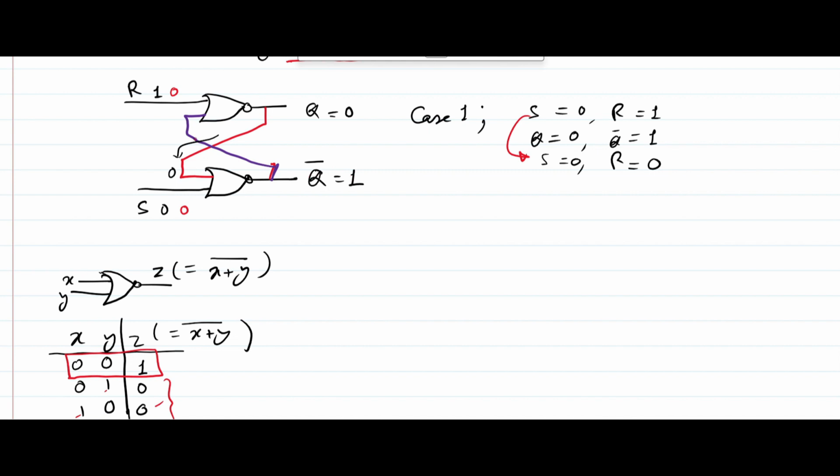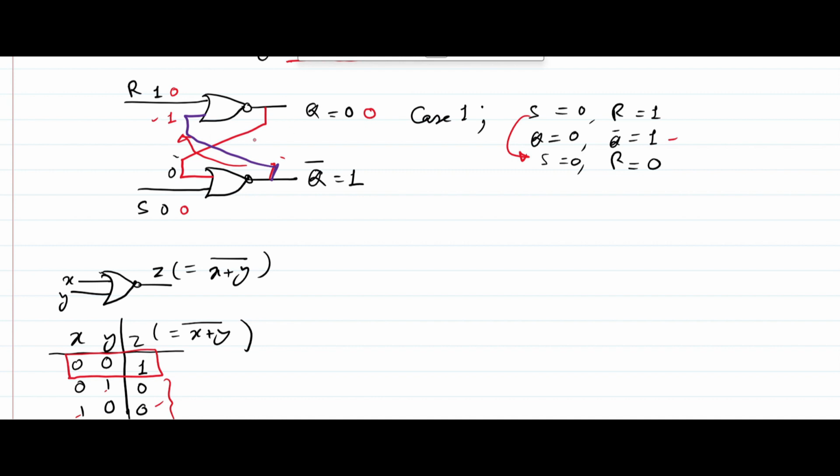Q bar is 1, so this Q bar will go here as 1, and if one of the inputs is 1 here, 0 1, the output will be 0 because one of the inputs is 1.